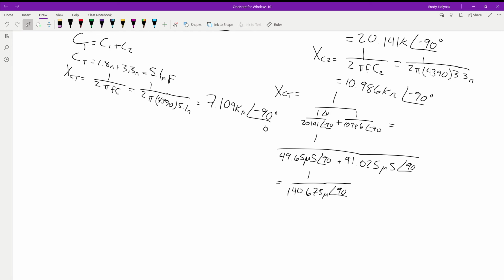So when we take the reciprocal of this value, 140.675 micro, what do we get?